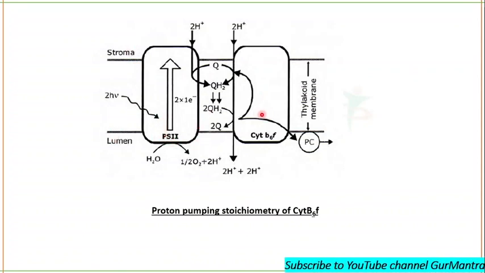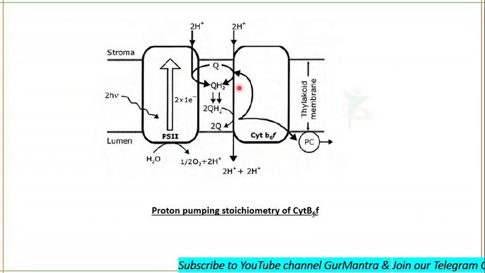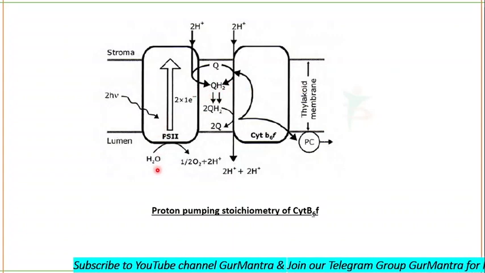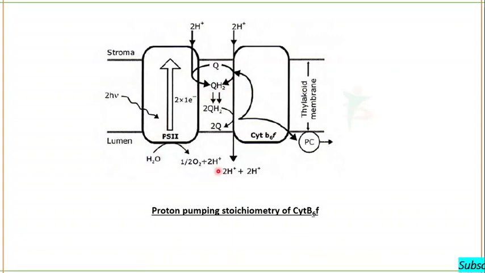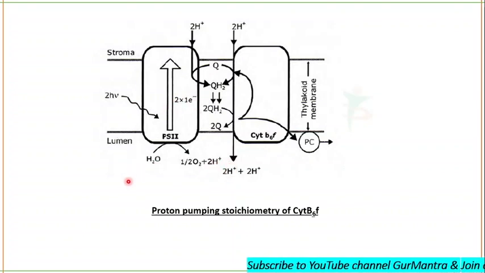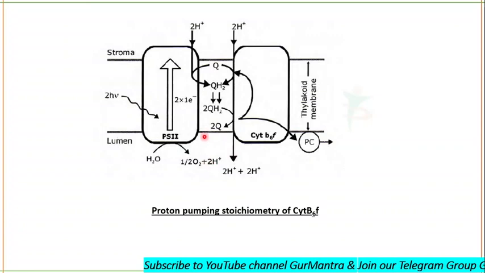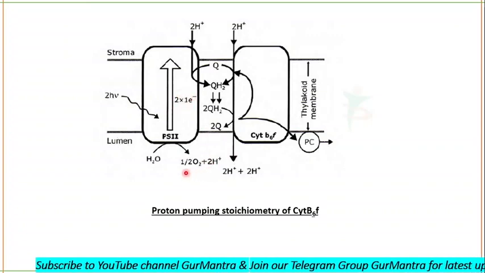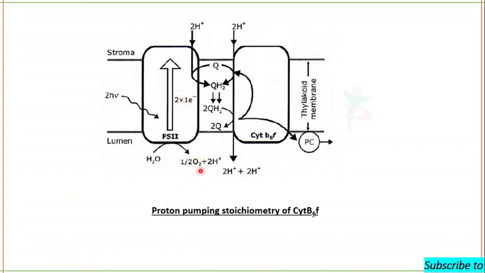Photosystem 2 will be working in the thylakoid membrane. Okay, so for one water molecule, there is a release of 2 electrons and 2 protons. For 2 water molecules, there is a release of 4 electrons and 4 protons, and a complete oxygen molecule is evolved.